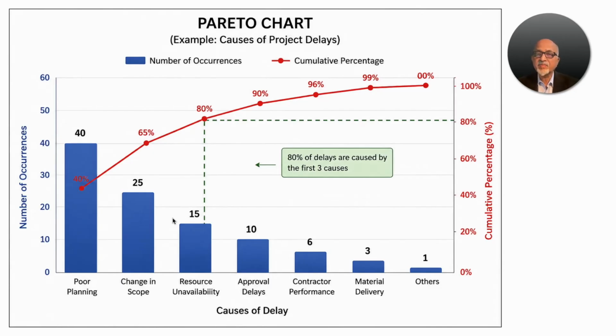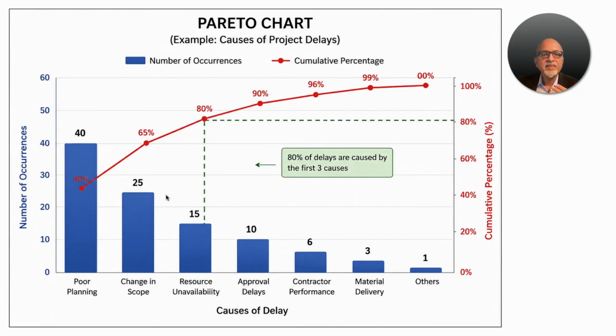That is a time when Pareto analysis really helped. We took a sample out of this 100 and analyzed the root causes, and we analyzed the occurrence of the root causes. We did a Pareto analysis by plotting the causes on the x-axis and the number of occurrences on the y-axis.